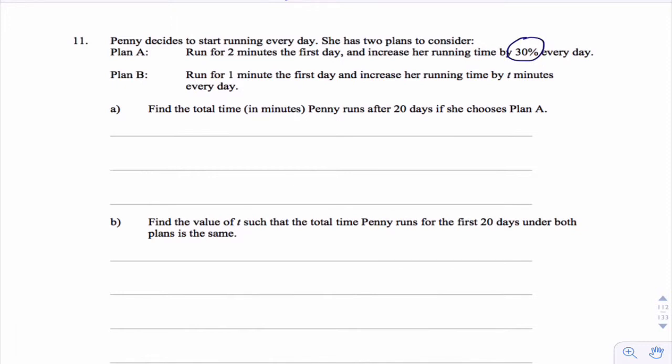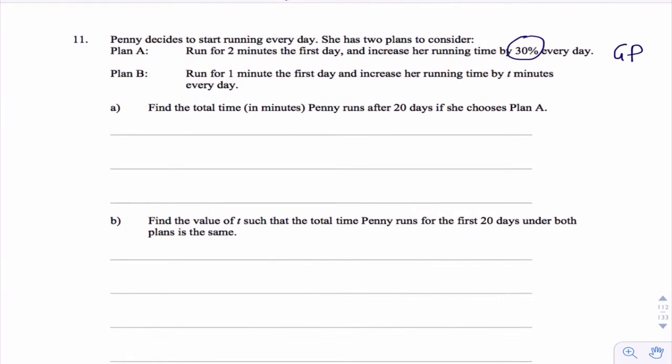Hopefully you can see that plan A is a geometric progression where A is equal to 2 and R is equal to, increasing by 30% each day means R is going to be equal to 1.3. So 1 is where you start from, you increase 100% by 30%, that's 130%, or 1.3 as a decimal. And we're talking about what's the total time that she runs in 20 days.